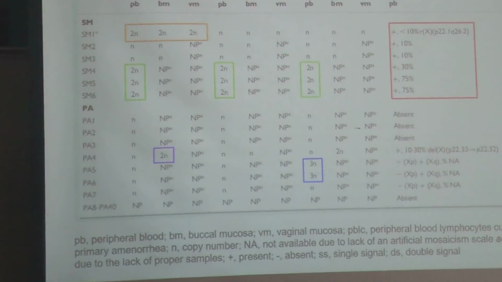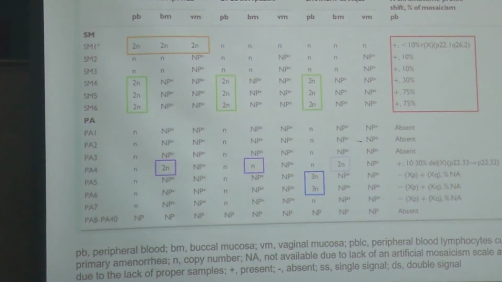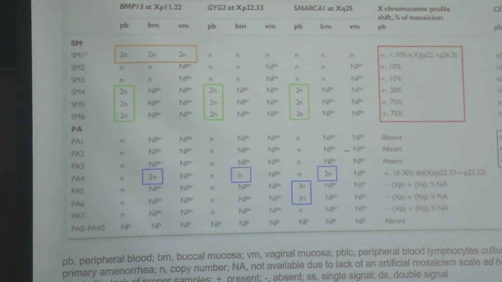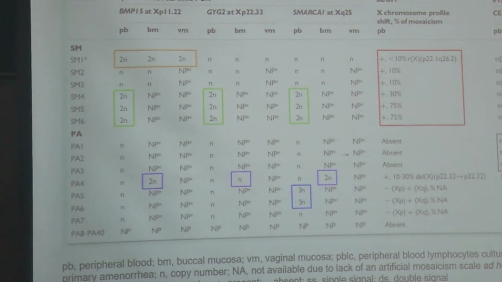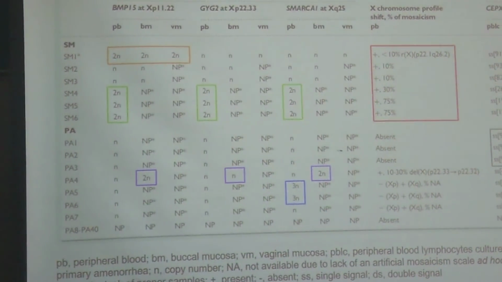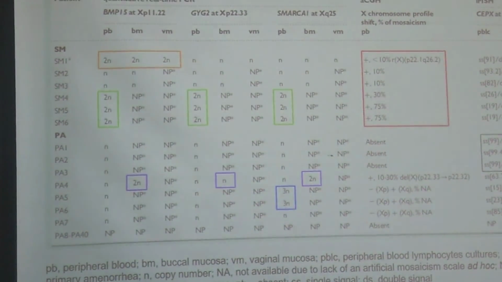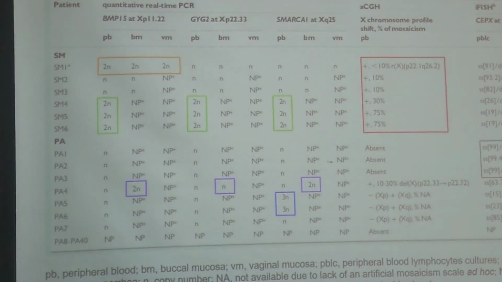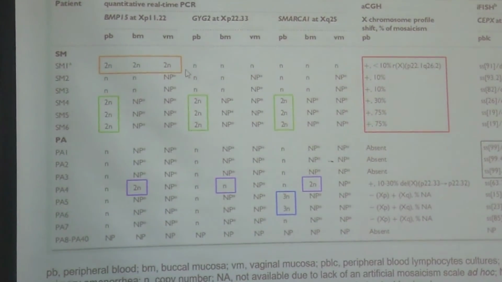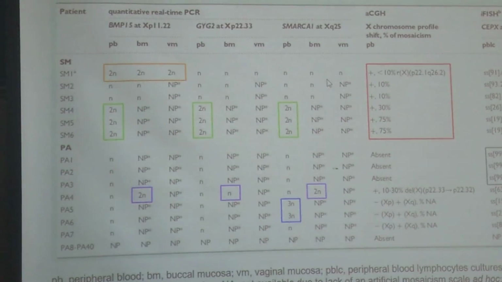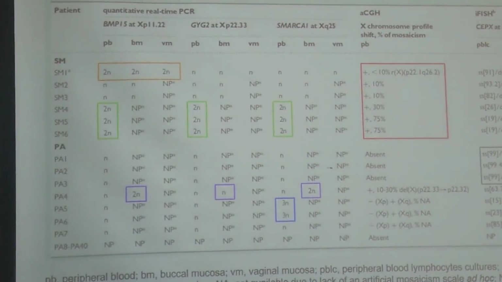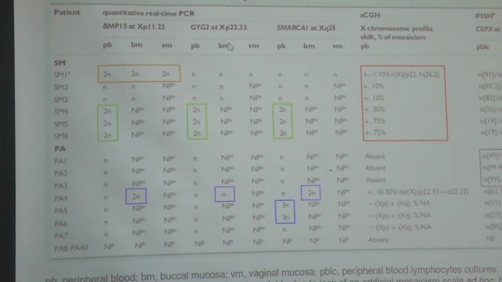Next is the 2N, and then there's an N, and then there's 2N for patient number 4 for primary amenorrhea. So PA4 showed an increment mosaicism levels only on these 2 genes, and a mosaicism deletion in the GYG2 gene.